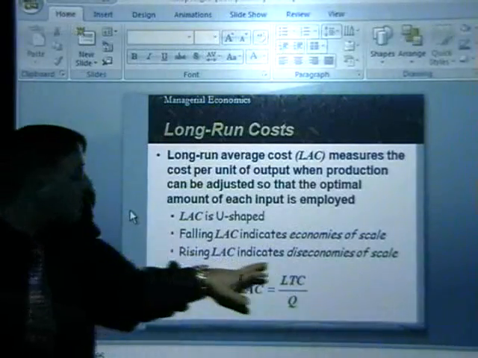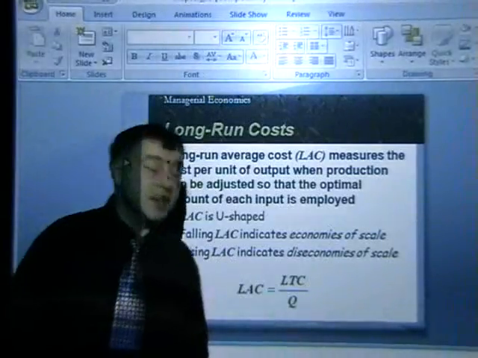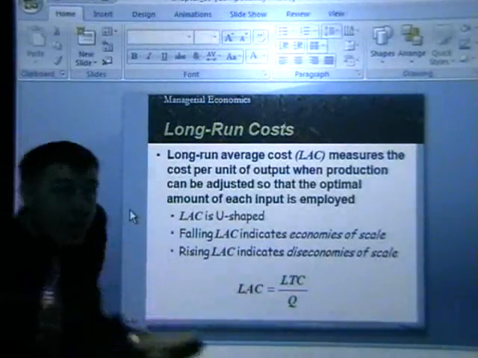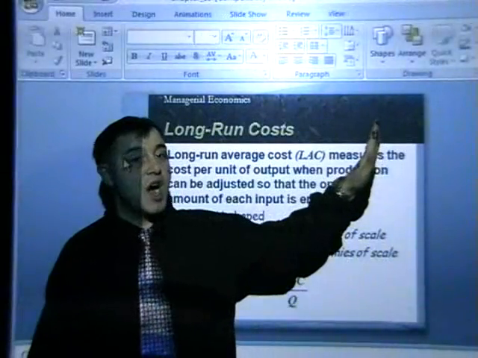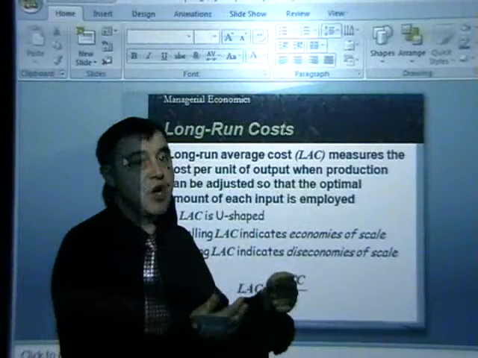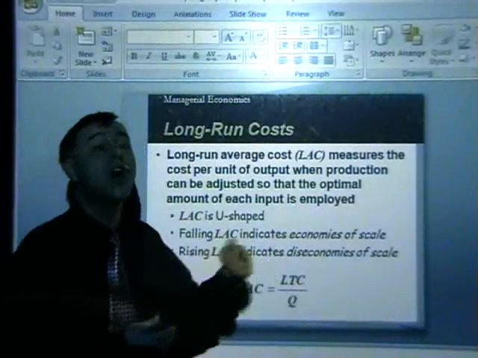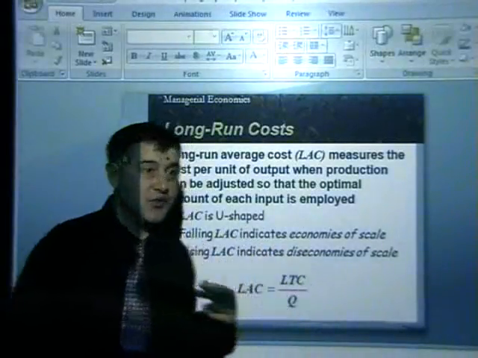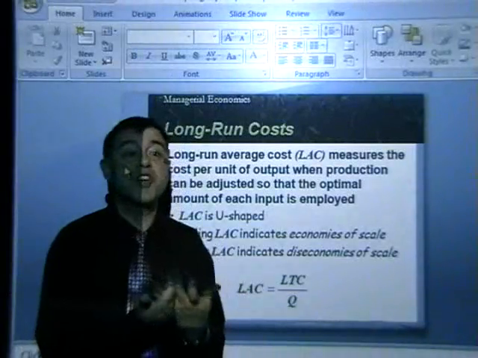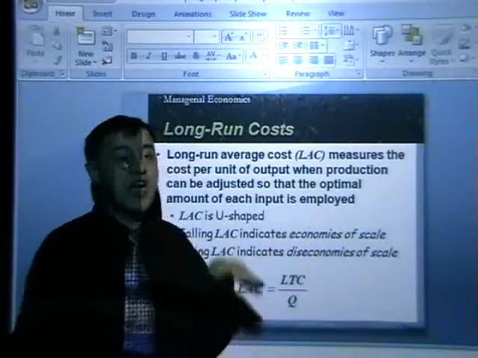Rising average cost means diseconomies of scale, decreasing returns to scale. In other words, when the cost begins to rise, you're switching into inefficiency mode. When your cost is falling, you are improving your efficiency. Of course, efficiency is the concept associated with the cost of output, the cost of production.